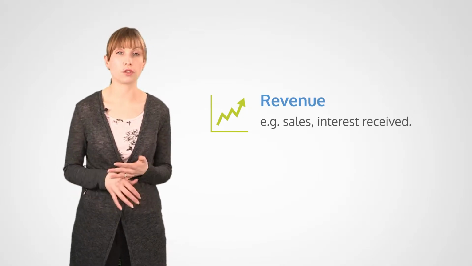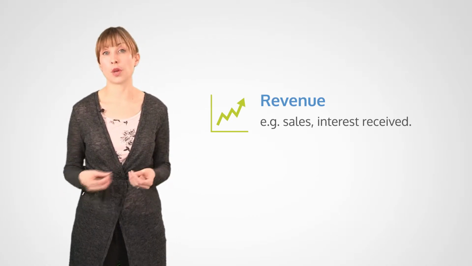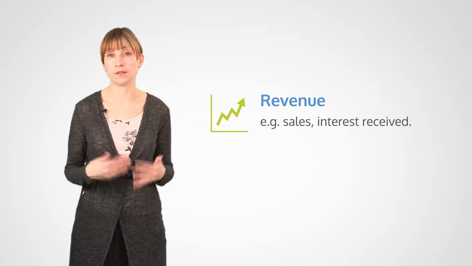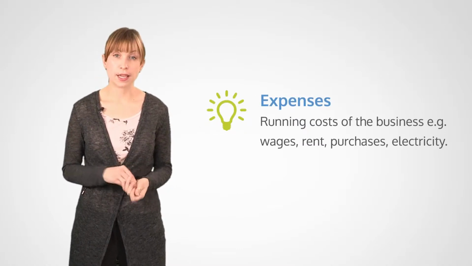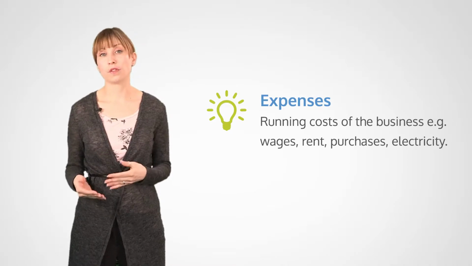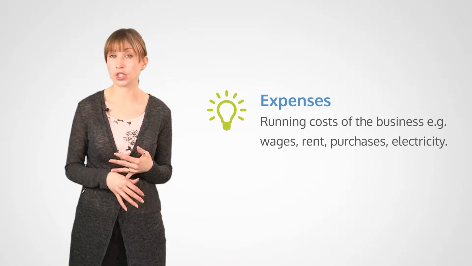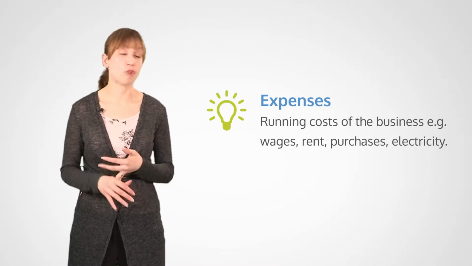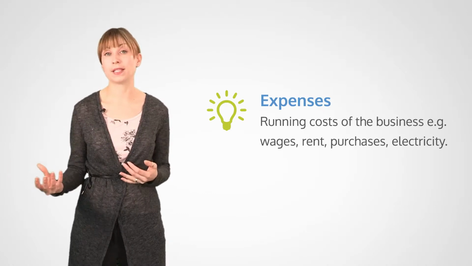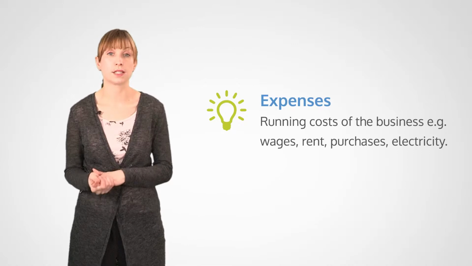So this is usually through sales, but it could also be through interest received, so bank interest that you're receiving into the company. We've also got expenses, and these are the general running costs of the business, and included within expenses we can have wages, so the fact that we need to pay our staff to work, rent, so the rent of the premises, we need to pay that out, so that's an expense, it's a running cost of the business.